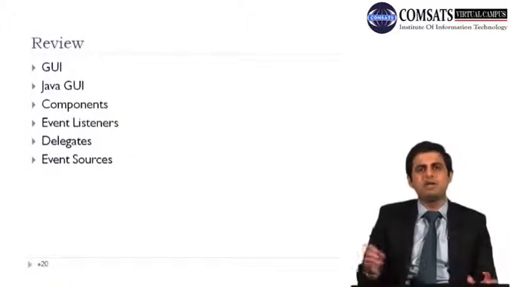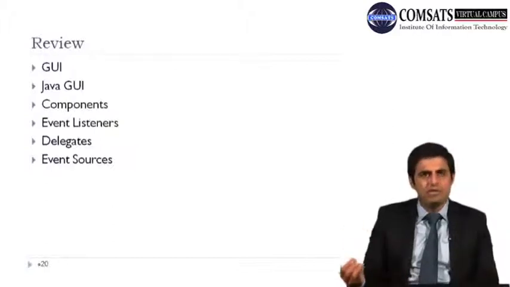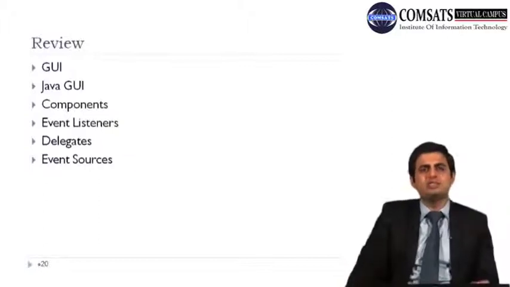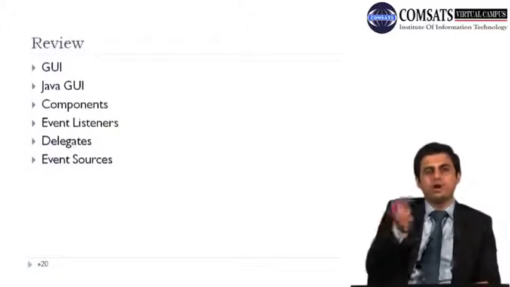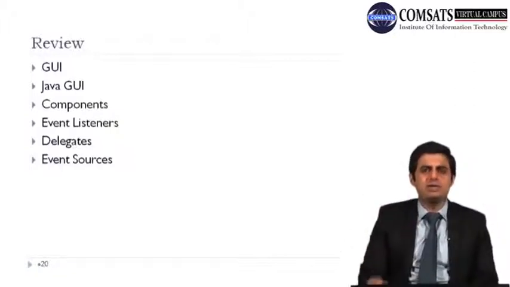For example, if the input is through the mouse, they look at what kind of interaction the user has performed using the mouse, and according to that a delegation is sent to the event handler, and the event handler takes action accordingly.